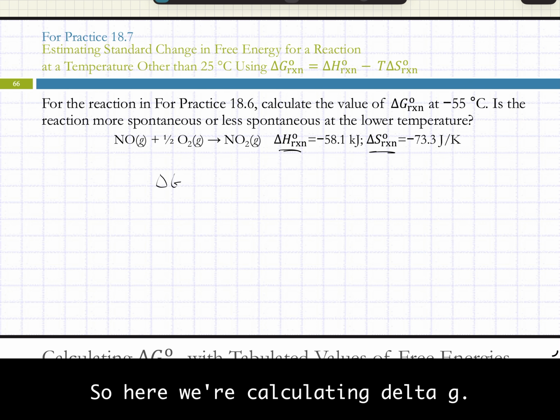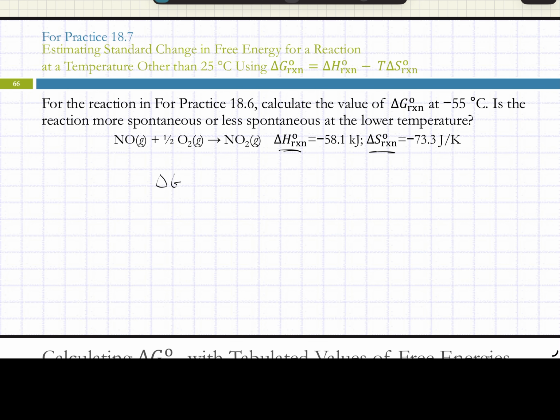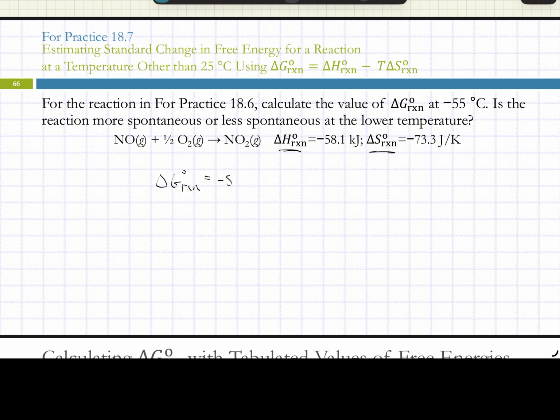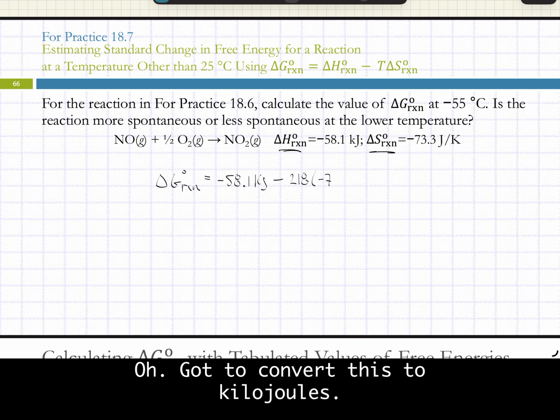So here we're calculating delta G standard conditions, even though our temperature is non-standard. And there's going to be negative 58.1 kilojoules minus T, which is 273 minus 55, so it's 218 times, oh, got to convert this to kilojoules.